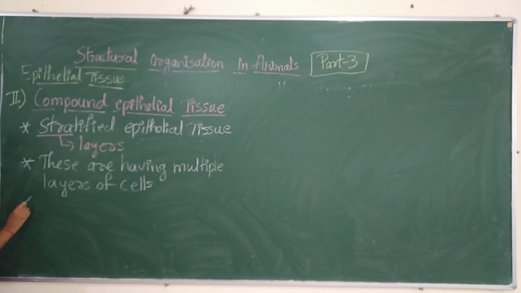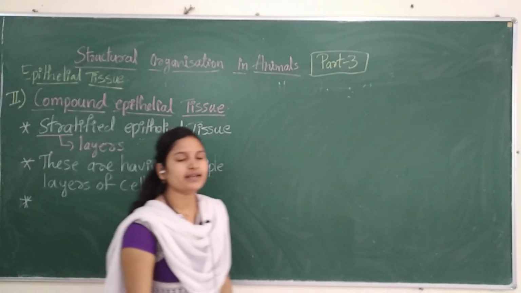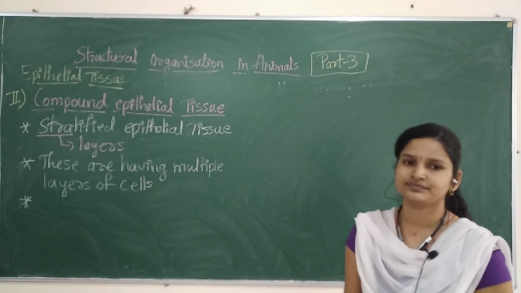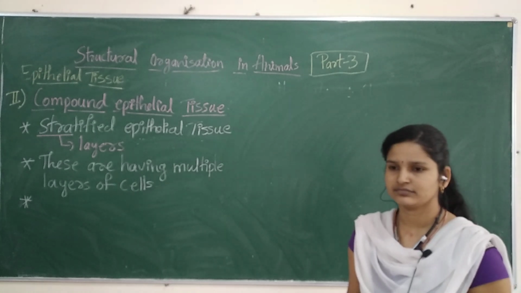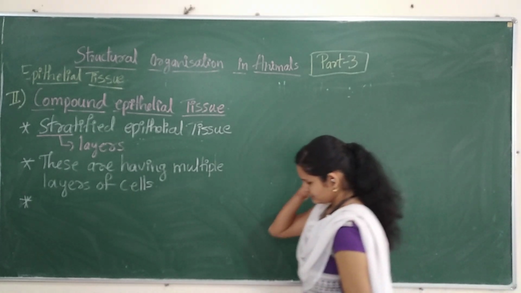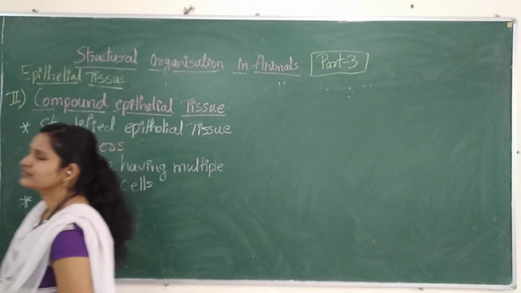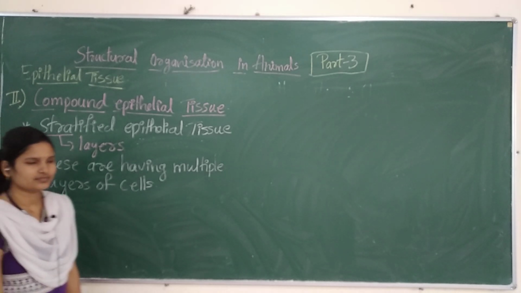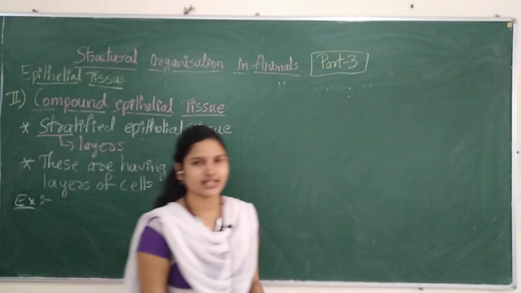So tell me, what is the function of this? Let it be, give me the example of compound epithelial tissue. What is the example of compound epithelial tissue? Salivary glands.